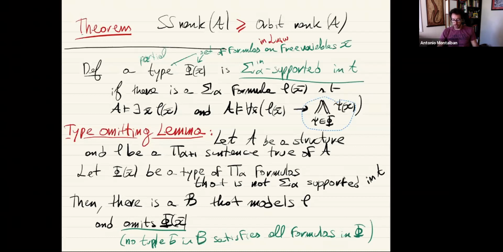And then in the hanging construction to omit types, you have to make sure that every constant does not satisfy the type, meaning that for every constant, there is one of the formulas in the type that is false about it.